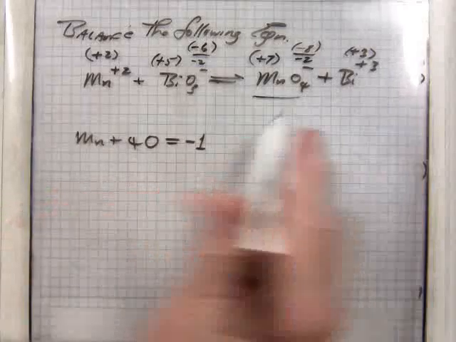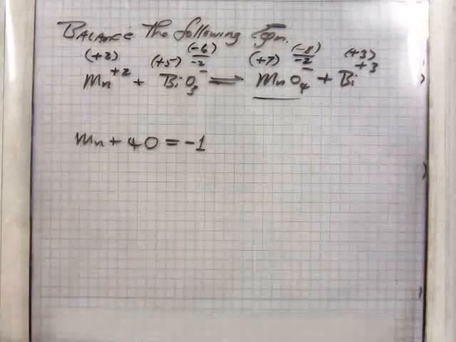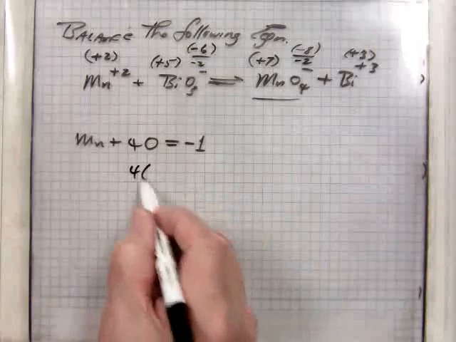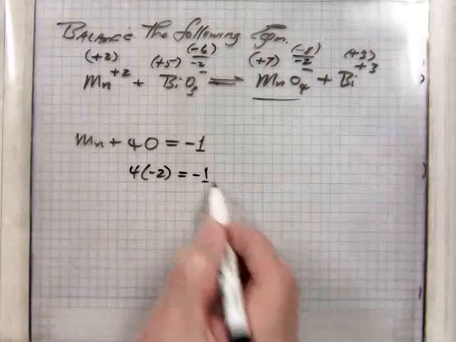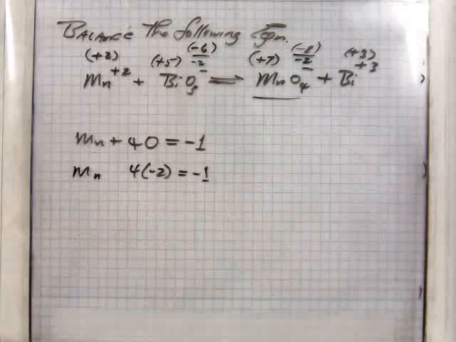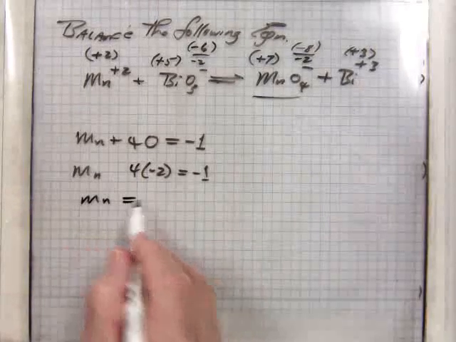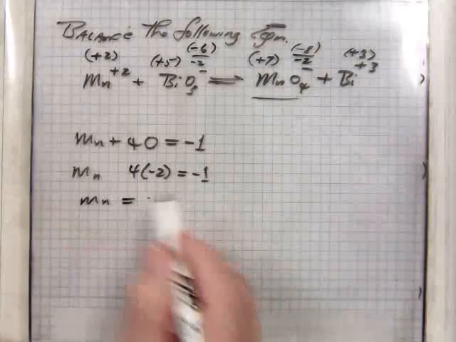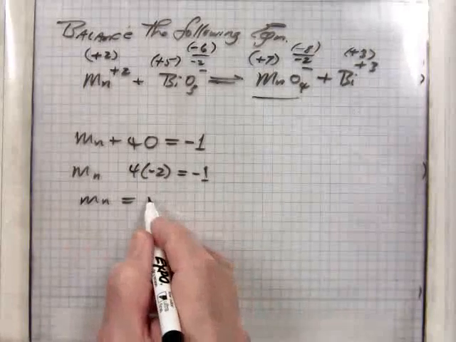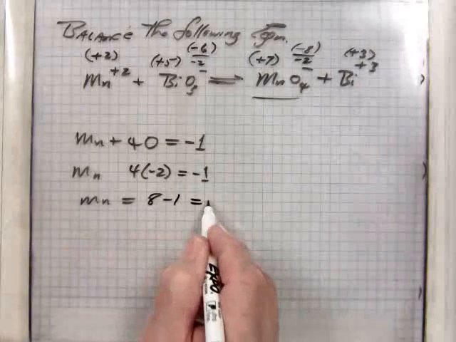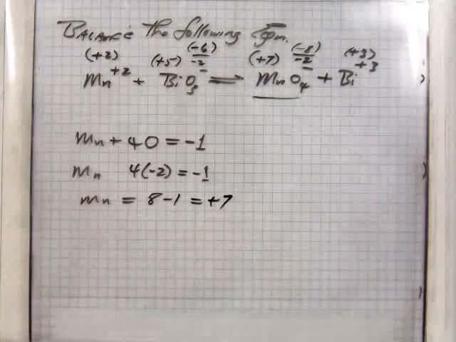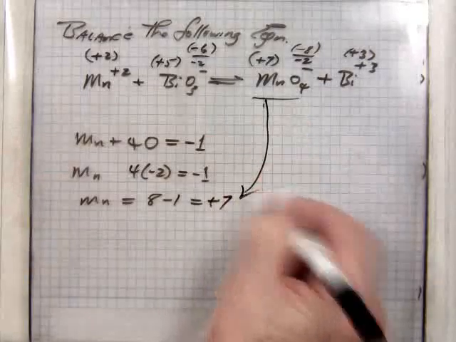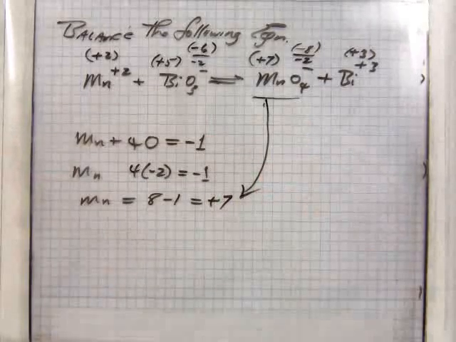This would be the sum of the individual oxidation states. Oxygen I indicated was a -2. That gives you a simple algebra equation, and when you solve for the manganese, it would be 8 minus 1, or +7. See how that goes into it? Does that help? Yes. Okay.